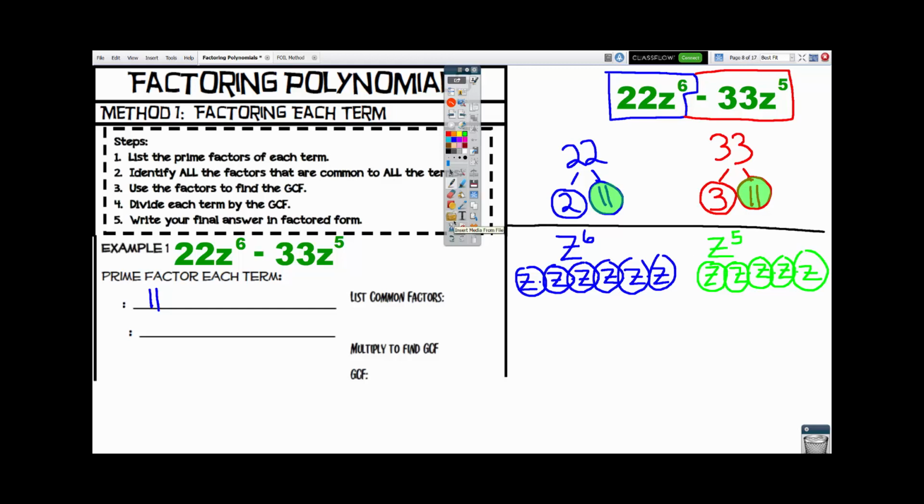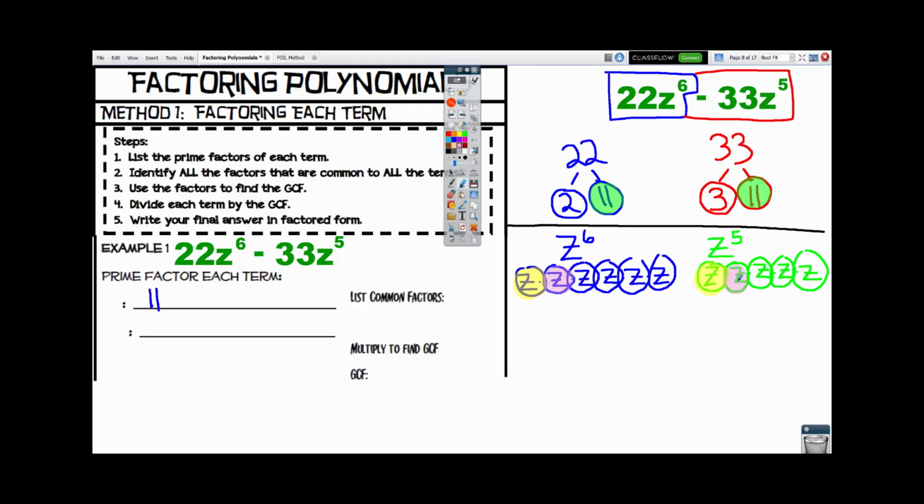Okay, and now we want to take as many z's away as possible while being fair to both terms. And that will tell us how many we're allowed to factor out. So I see that we have 1 here that each one is able to give.